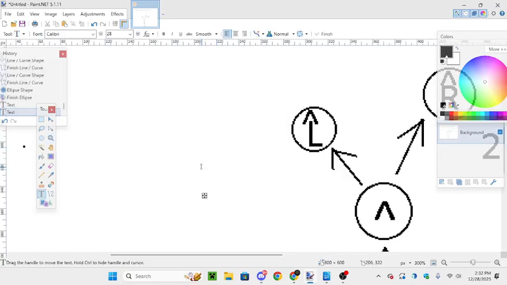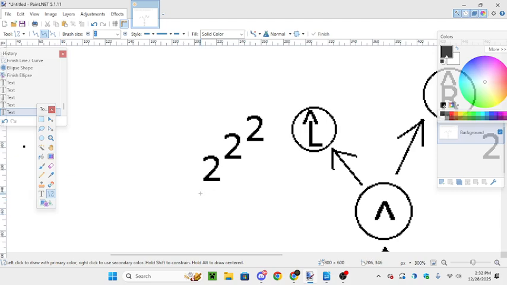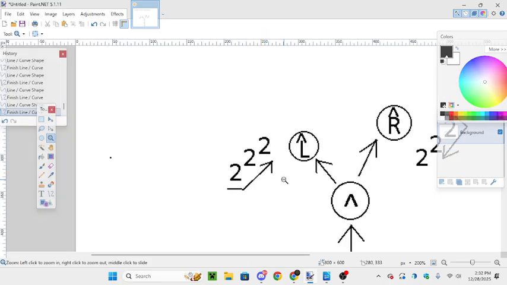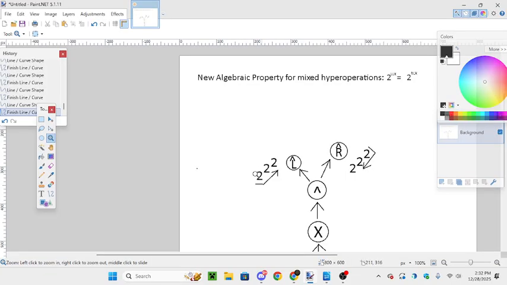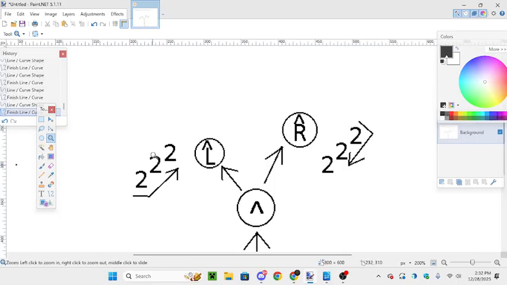All you are doing is taking the same power tower of 2s, but reading from bottom to top. So you are doing 2 to the power of 2, and then the power of 2, then you are squaring that. Whereas here you are raising 2 to the power of 2, and then whatever the result is, you're raising 2 to that. So very different.